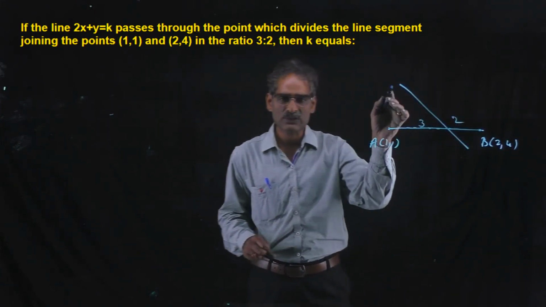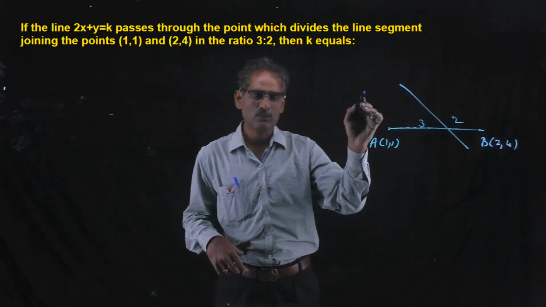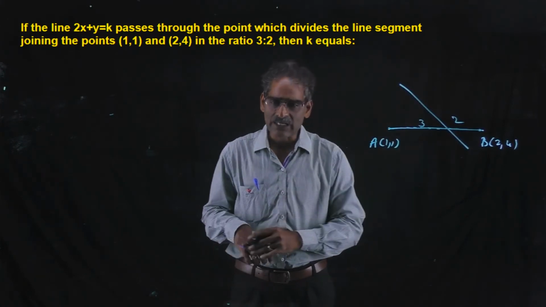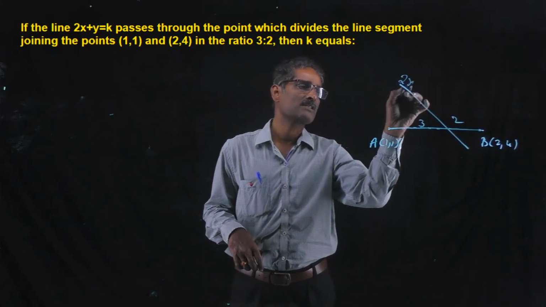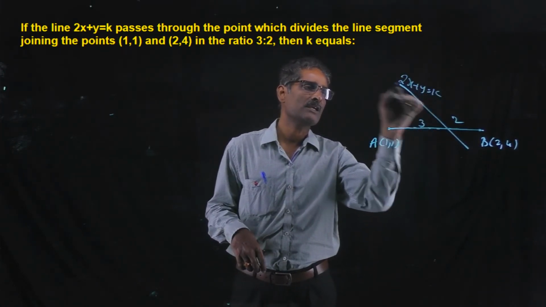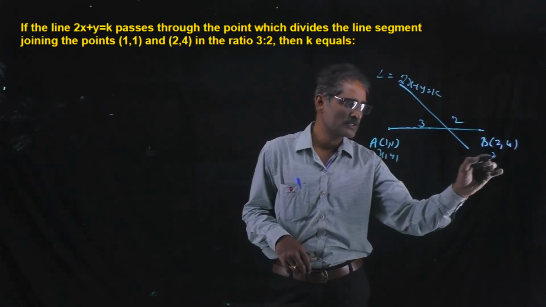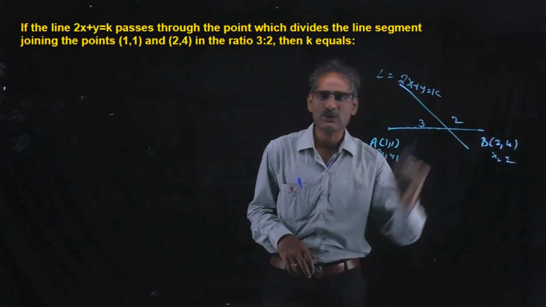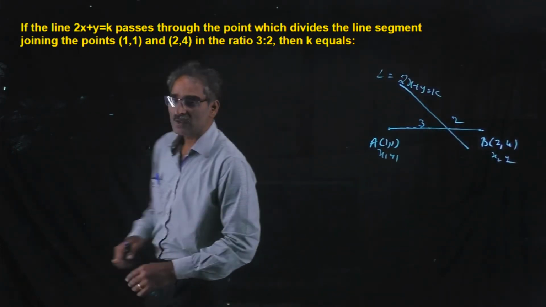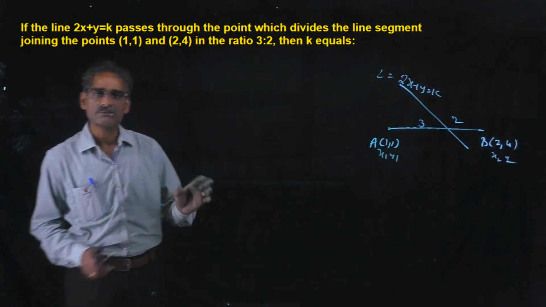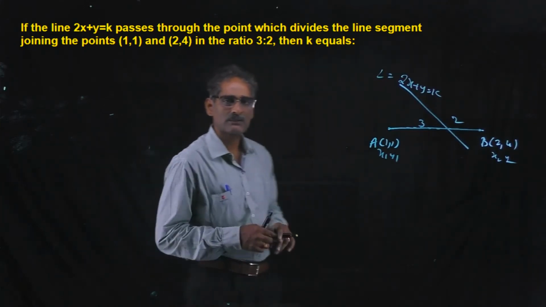What is the equation of this line? 2x plus y is equal to k. Let us take this equal to L. These are x1, y1 and these are x2, y2. This is the ratio. We know the formula for a line dividing a line segment.